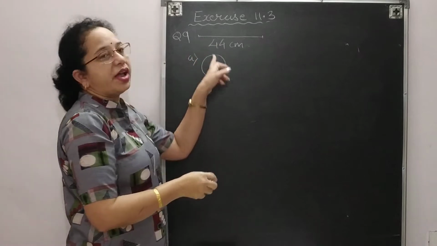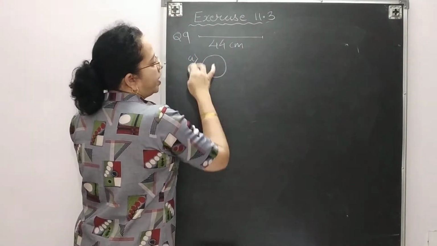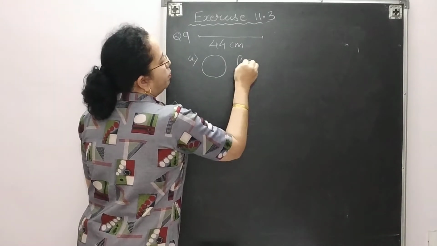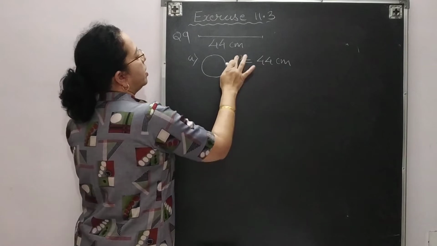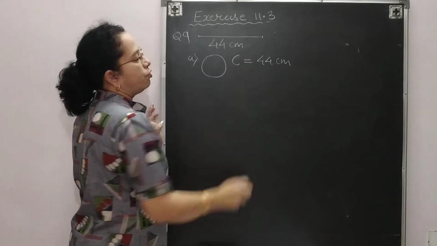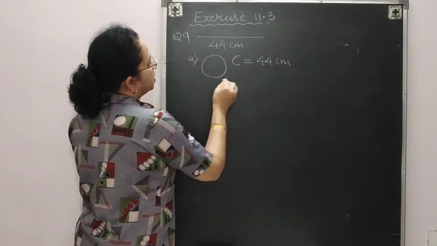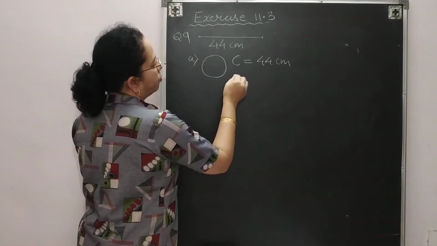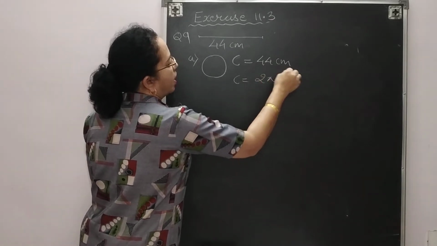Since the same wire is bent in the form of a circle, the perimeter of the circle will be 44 centimeter. Instead of perimeter you can write circumference, because the perimeter of a circle is known as circumference. What is the formula for this? Circumference of a circle is 2 pi r.